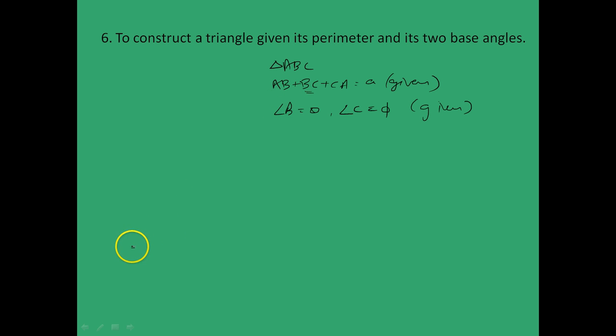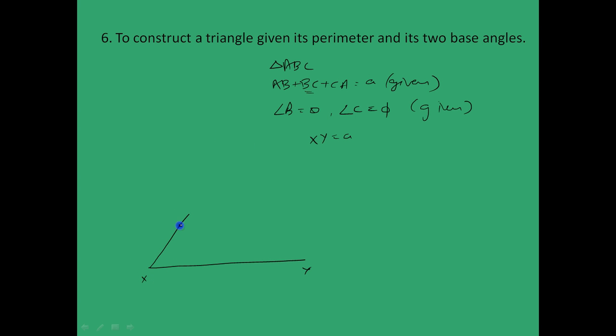So how do we start? We start with a construction of a line segment XY such that XY is equal to A. This is X, this is Y. Next, draw the base angles on either side.